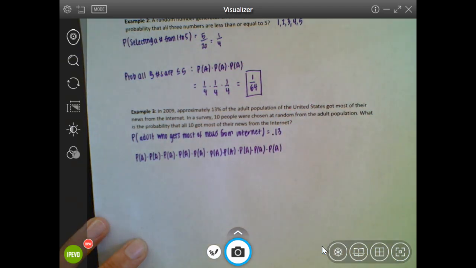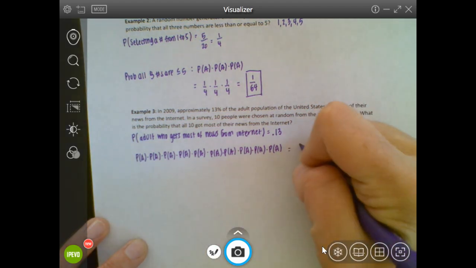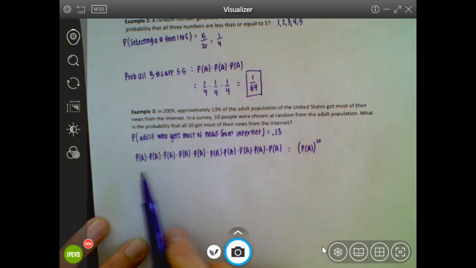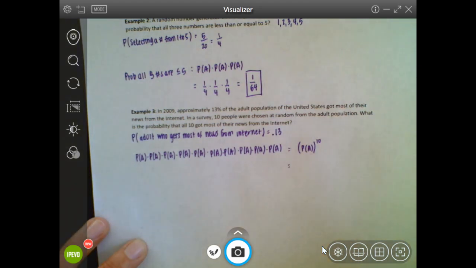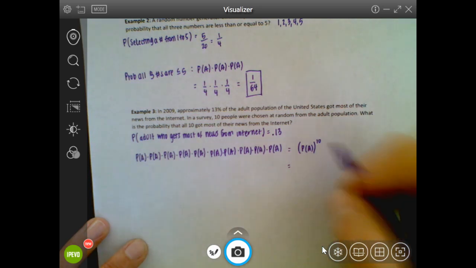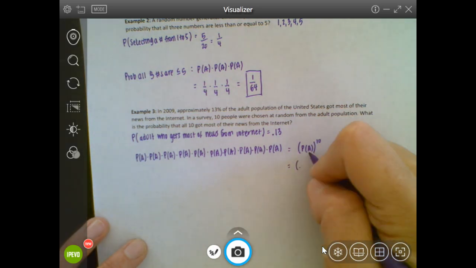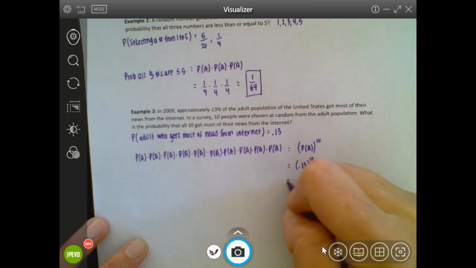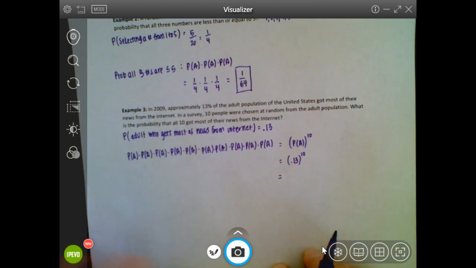But a simpler way to write this, rather than writing it out 10 times, is P of A raised to the 10th power, because there are 10 of these numbers being multiplied together. That's a lot easier than writing 0.13 multiplied out 10 times. So this is the same thing as putting in our probability, 0.13 raised to the 10th power, which is going to be a very, very small number.